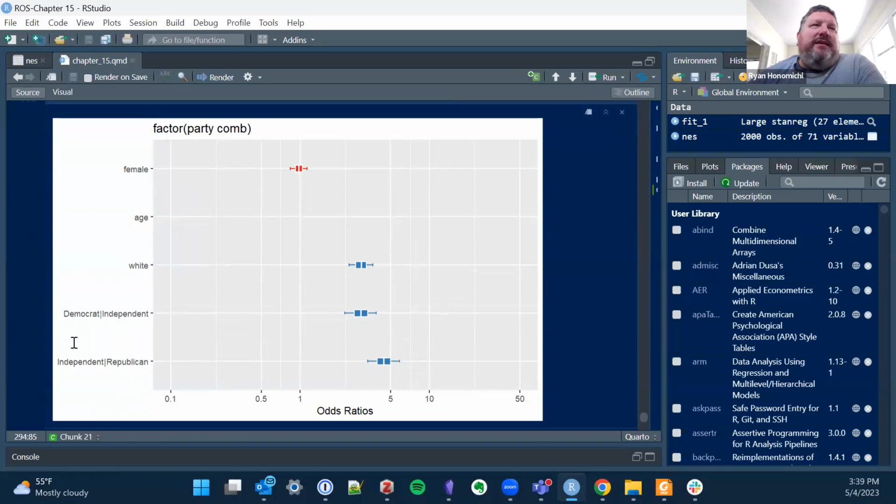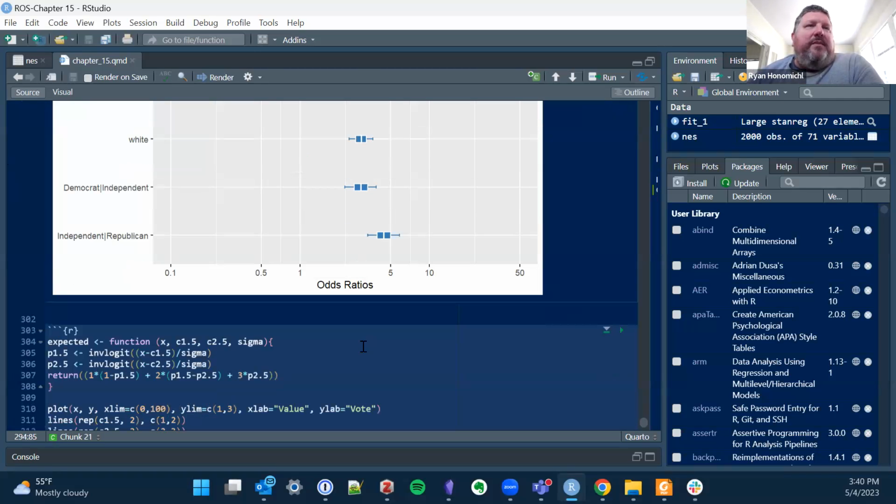So basically, I think it means white people are more likely to be Independent or Republican than Democrat. I think that's what we're saying, right? And then we have a stronger odds ratio going from Independent to Republican.